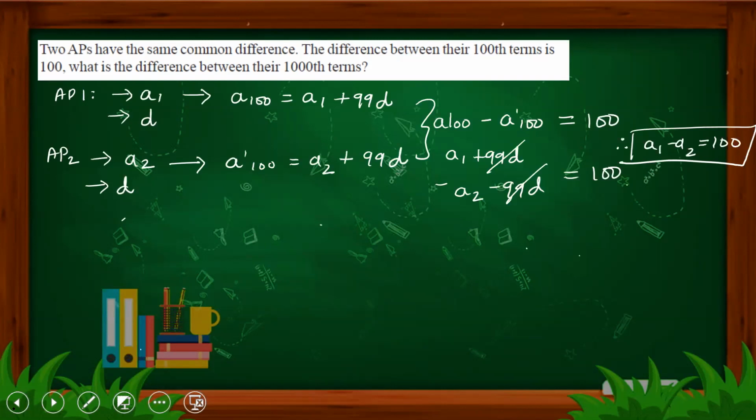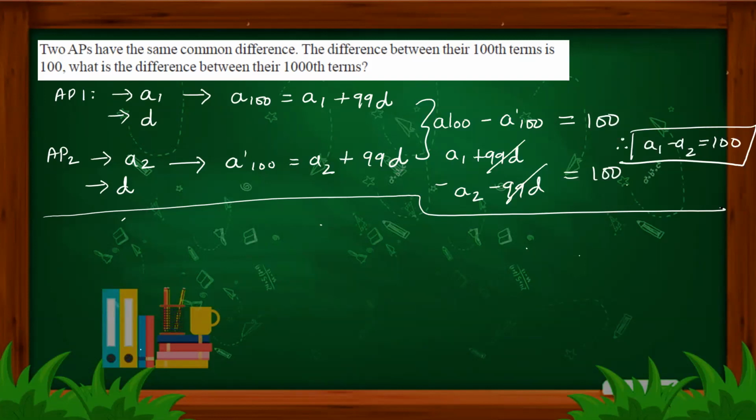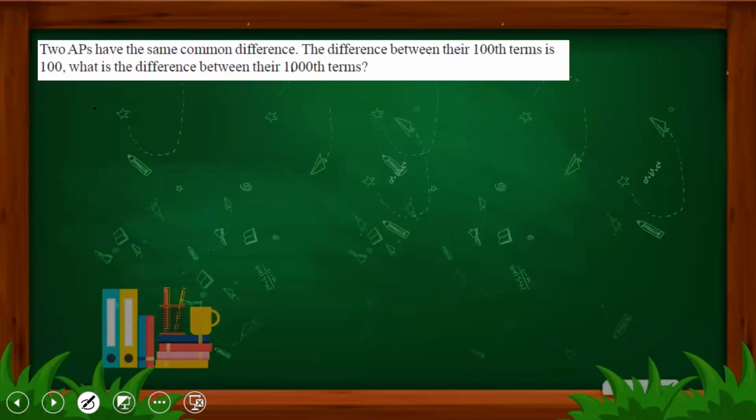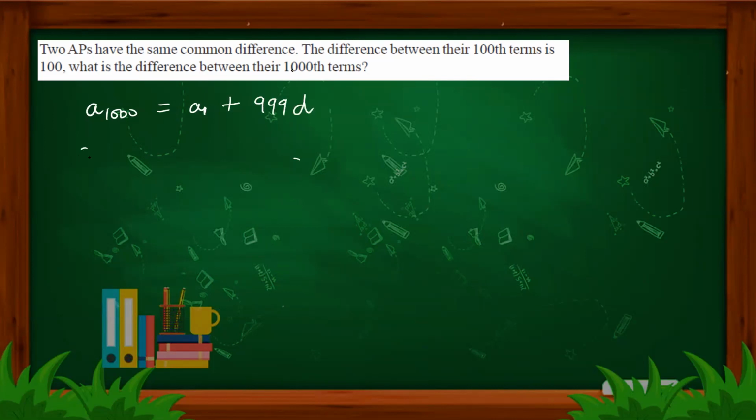Now, what is the difference between the thousandth terms? We need to find the thousandth term difference. For AP1, A1000 is A1 plus 999D, and for A dash 1000, it is A2 plus 999D.